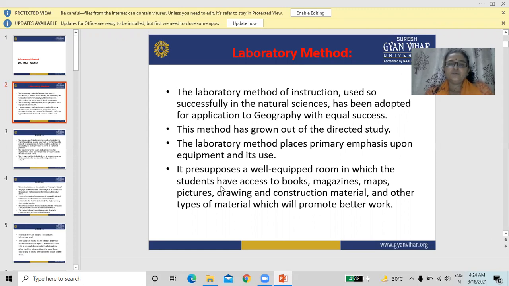It presupposes a well equipped room in which the students have access to books, magazines, maps, pictures, drawings, and construction material, and other types of material which will promote better work.